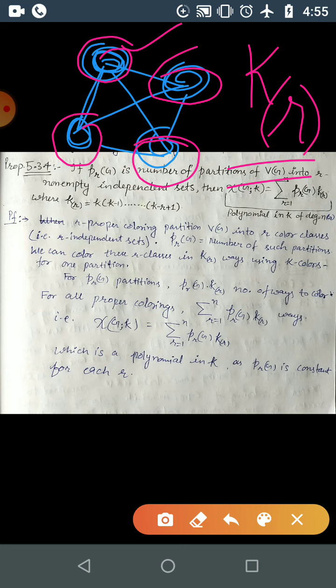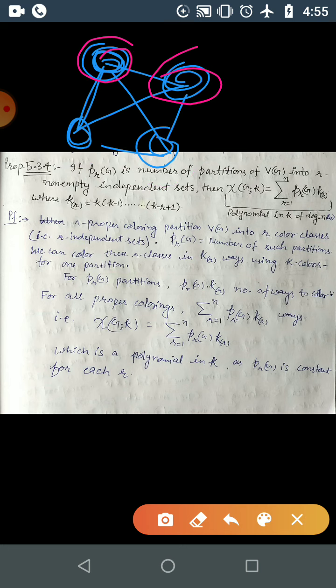And why am I relating each color class with one vertex in the complete graph? Because all the vertices in one particular color class can be colored with the same color.